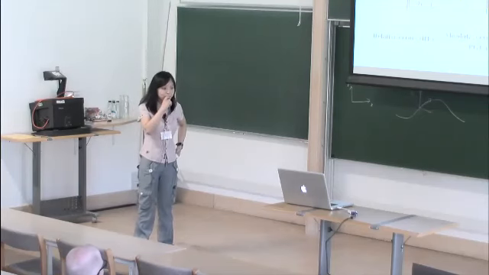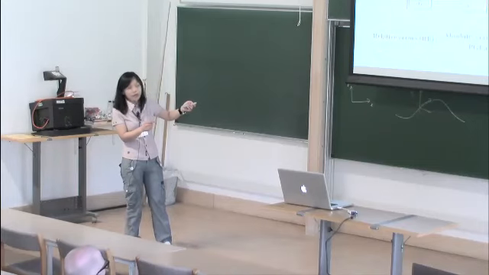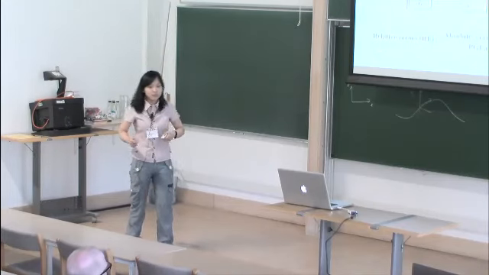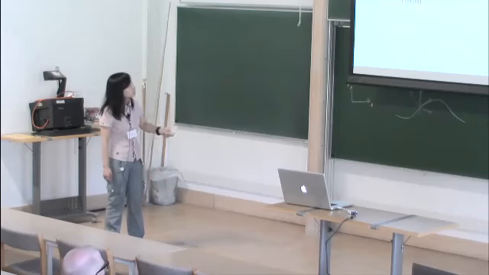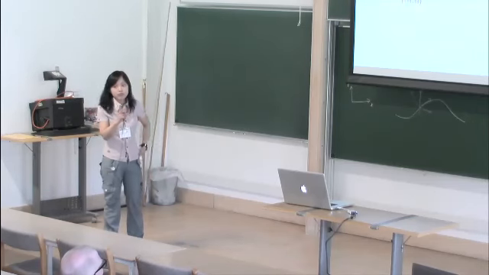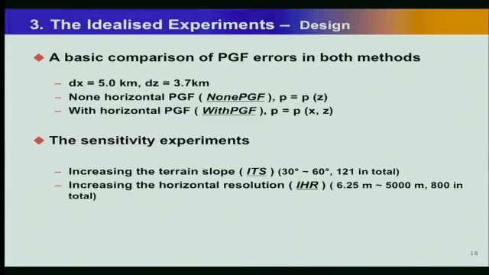We get the absolute error, and divided by the analytical PGF, we get the relative error. In the following analysis, we compare the relative errors and the absolute errors of PGF in both methods, and we see the results. We have done two series of experiments. The first one is a basic comparison. The second one is the sensitivity experiments. In the basic comparison, we do experiments with and without horizontal PGF.